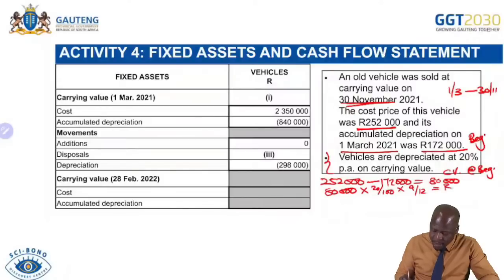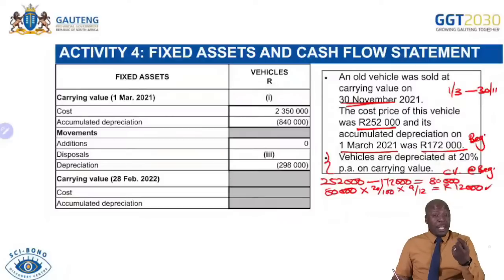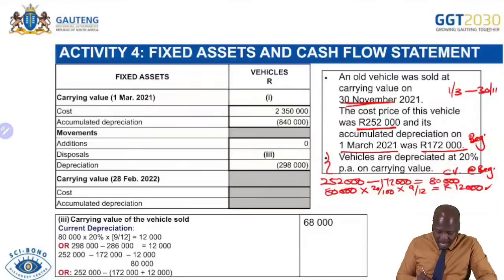That means in this year, this asset has lost 12,000 to depreciation. So you take the carrying value at the beginning, then you subtract the depreciation that it has lost in this year. We have our 80,000, and then we calculated depreciation of 12,000.